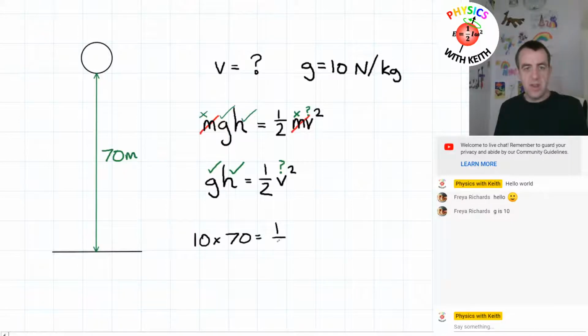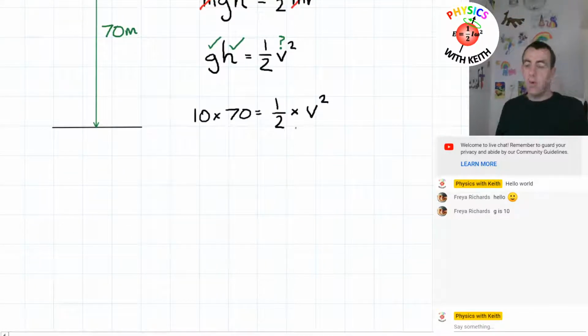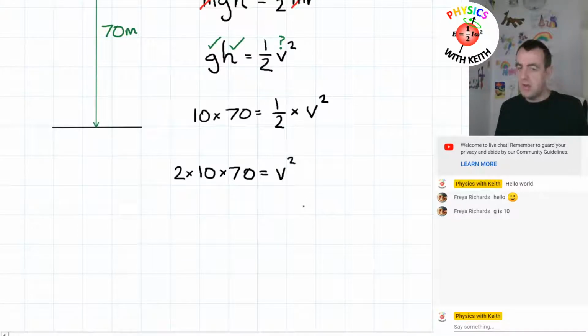The half is still a half, multiplied by v, which we don't know, and that v is squared. And now we've got a better understanding of what to do. v squared is multiplied by a half. So I have to divide by a half, which is the same as multiplying by 2 throughout, to get 2 times 10 times 70 equals v squared.